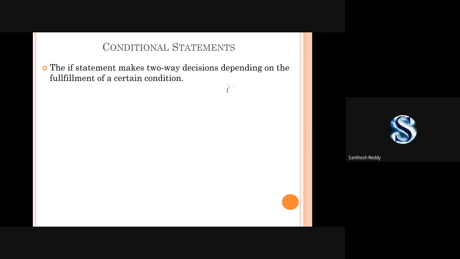Example, if A is greater than B, and this statement is true, statement 1 is going to get executed. Else, statement 2 is going to get executed.